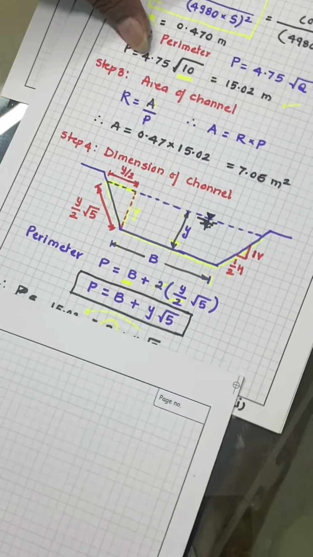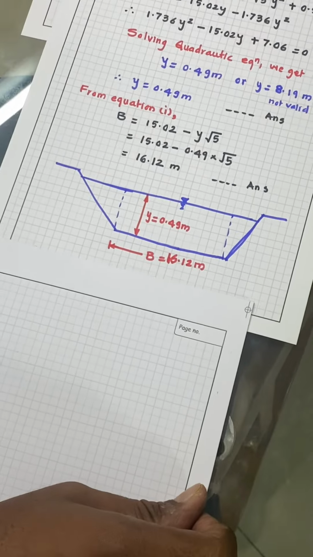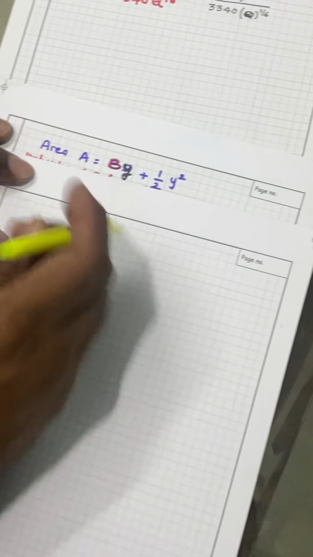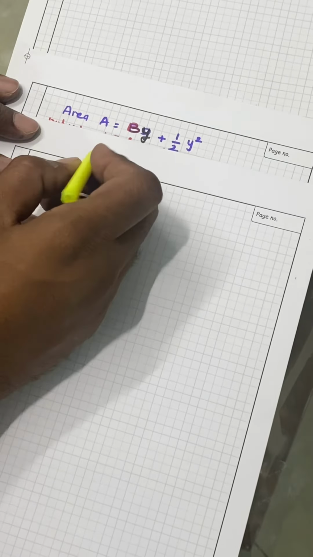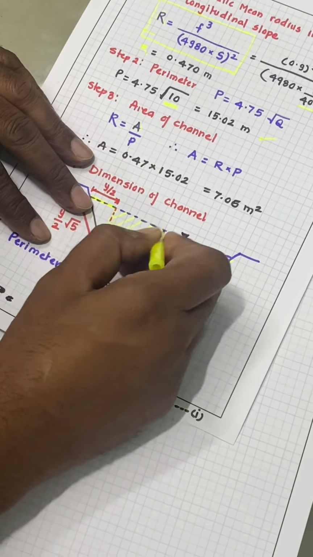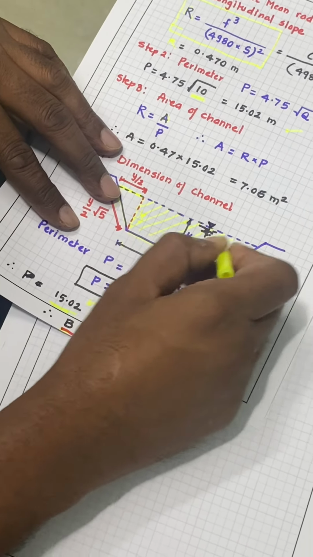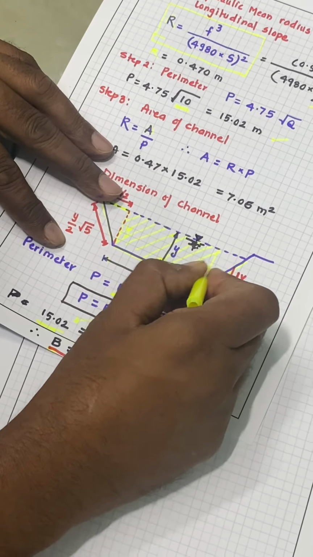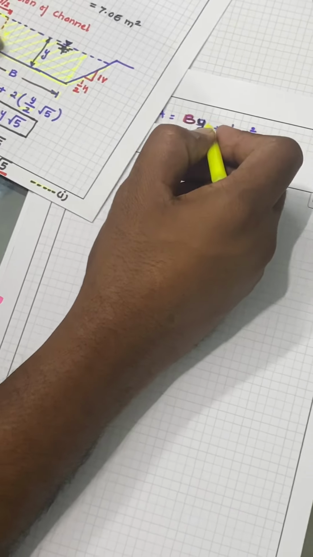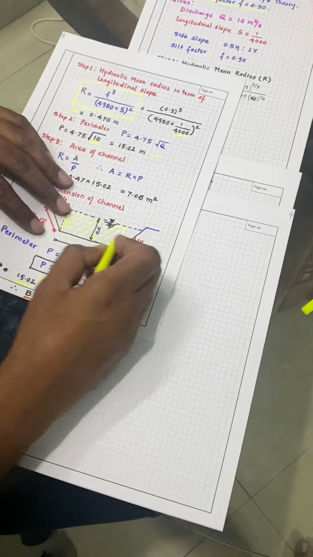Now after this we can calculate the area. Wetted area is equal to the area of this rectangular portion, which is B into Y. So this middle one is the rectangular portion B into Y, plus the area of these side triangles.